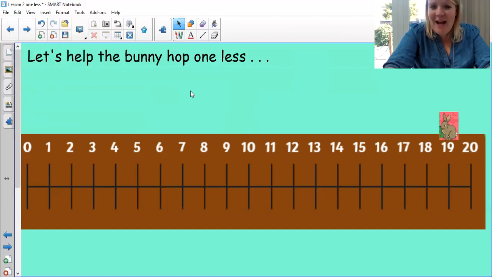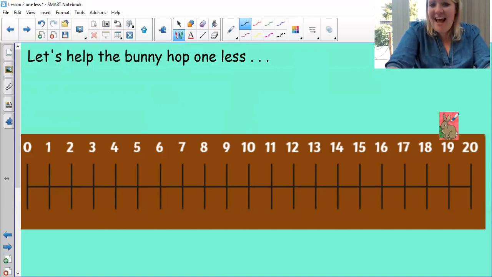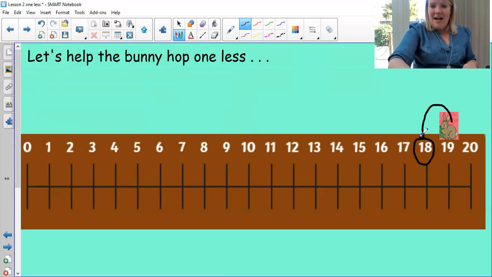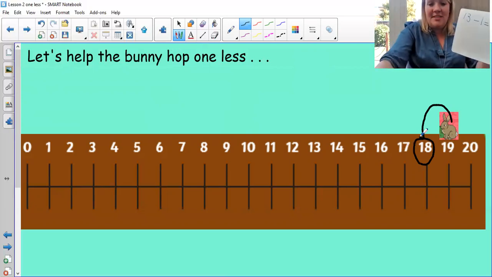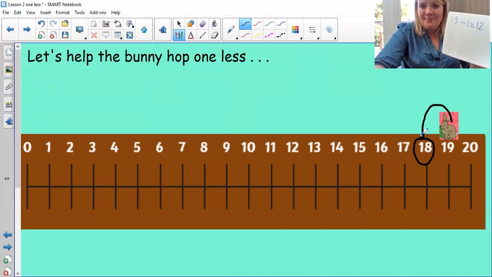What happens when I help Bunny hop 1 less than 19? Off you go. Tell me. Brilliant. Excellent. Great job. You've really got the hang of this. 1 less than 19 is 18. And on a number sentence, do you think you could tell me what that looks like? Can you show me? If not, just tell me if you can't write it.